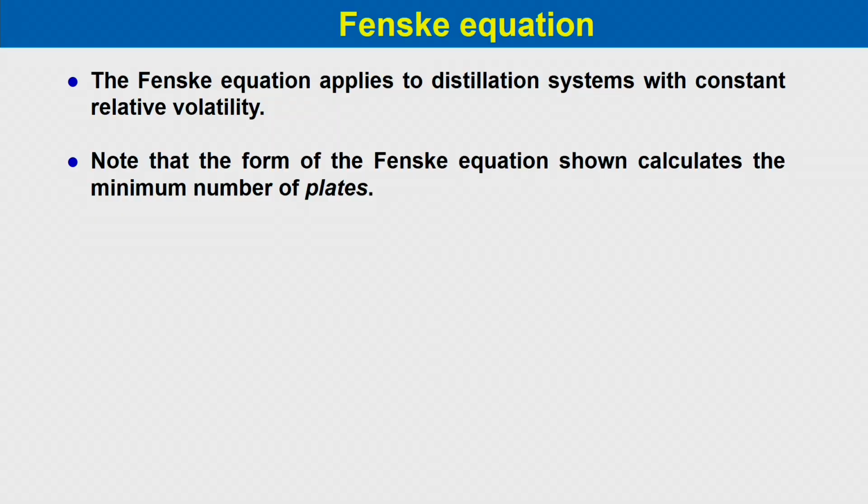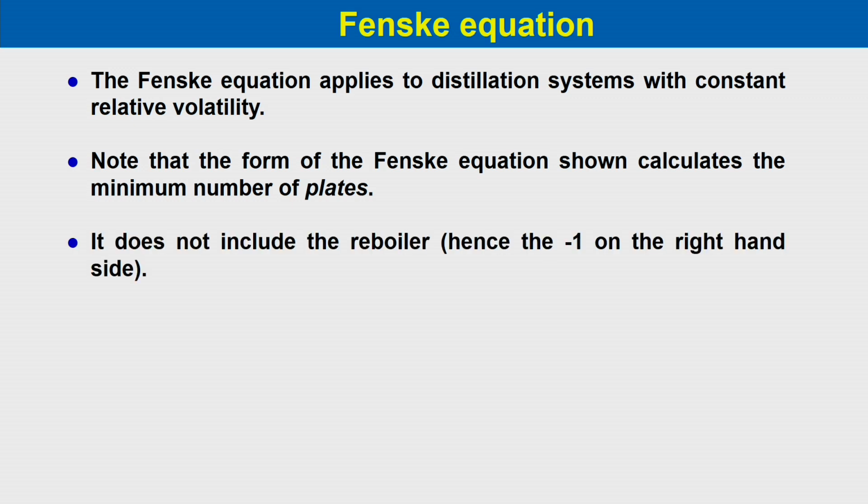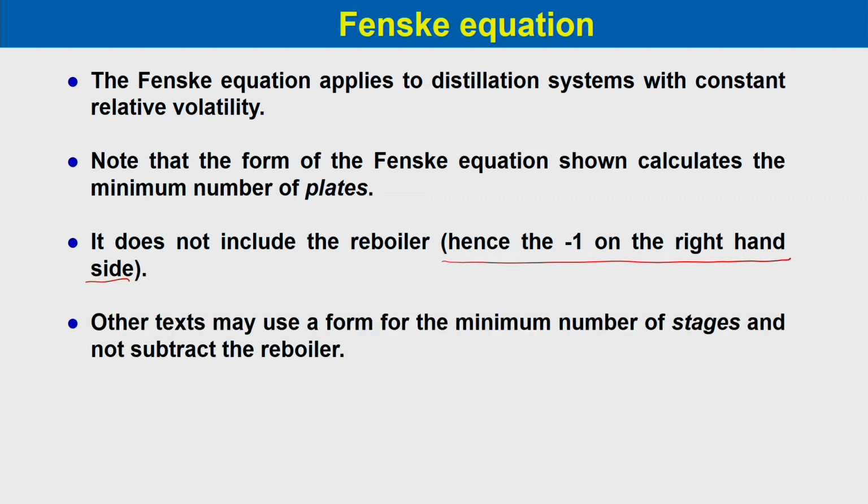Please note that the form of the Fenske equation shown calculates the minimum number of plates. It does not include the reboiler, hence minus 1 on the right hand side of the equations derived earlier. Other texts may use a form for the minimum number of stages and not subtract the reboiler.